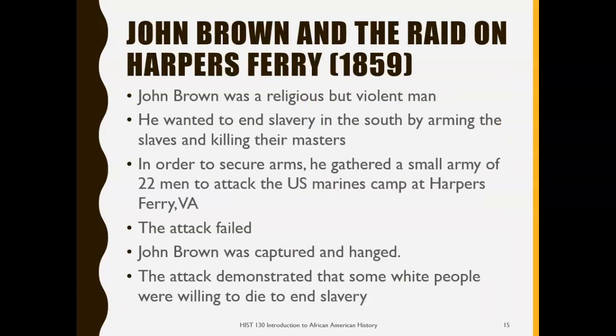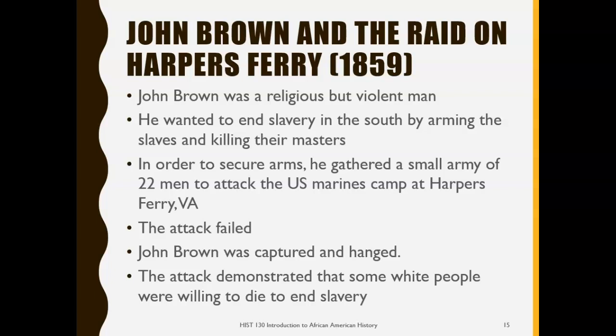A direct attack on slavery before the Civil War was John Brown's attack on Harper's Ferry. Harper's Ferry was a military base in Virginia in 1859. John Brown was a religious man, but he was a violent man also.